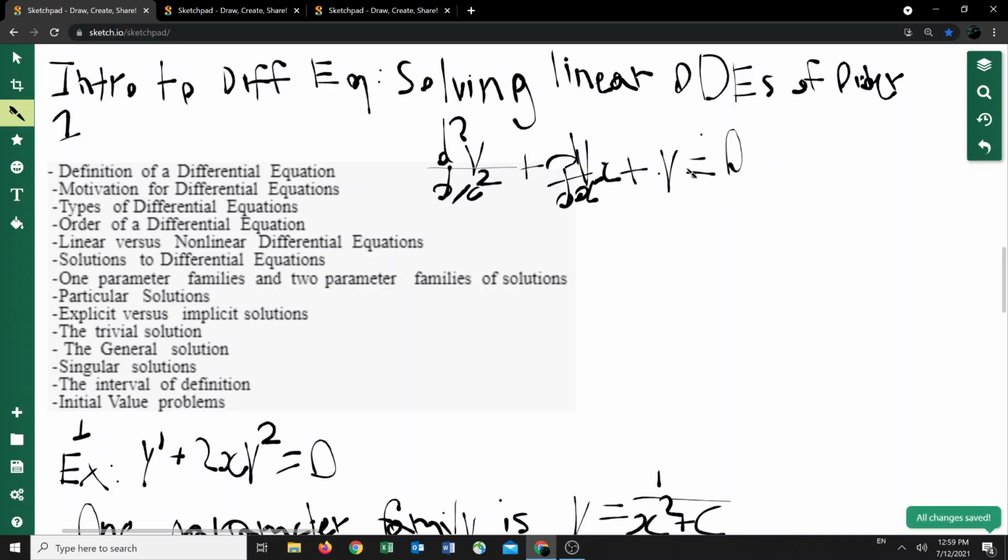Again, our goal would be to solve for y in terms of x here, so y equals some function of x. In this case, we're going to have two constants of integration intertwined here, since our order is 2. This is what I mean: since 2 is the highest power derivative, our order is going to be 2.